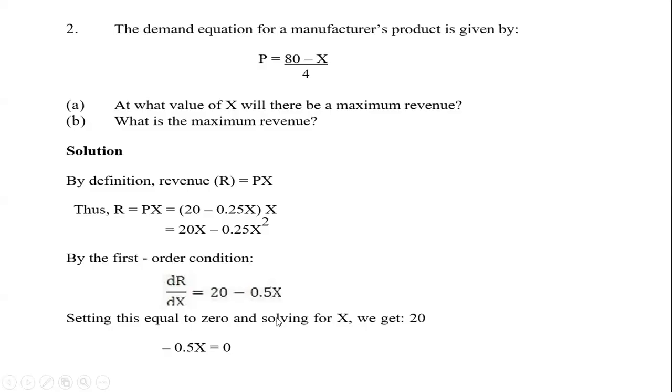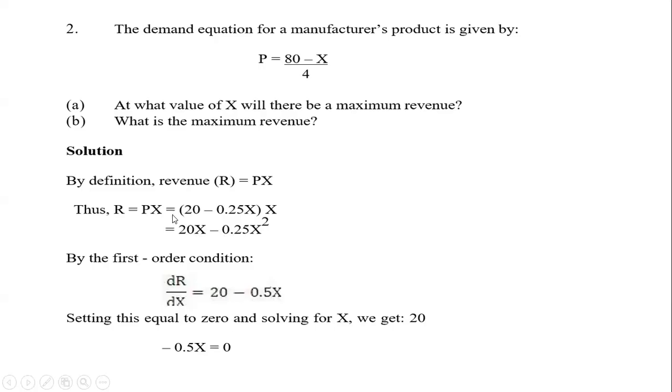Now that you have found or proved that there is a maximum point, it's an indication that the 40 that we got as the maximum value of x, you now go back and substitute into the original function, 20x minus 0.25x squared. Wherever you see x, you put the value there and solve, because that is what is going to give you the maximum revenue.